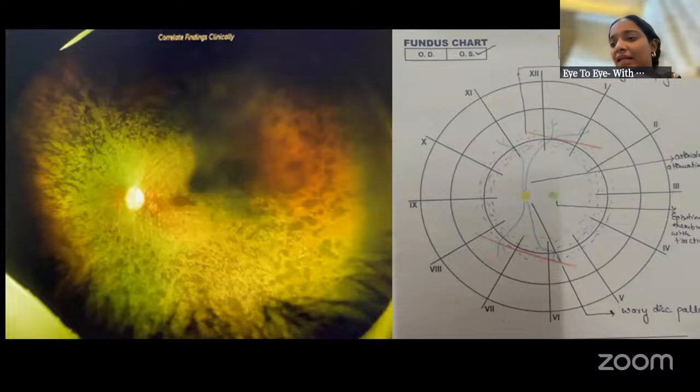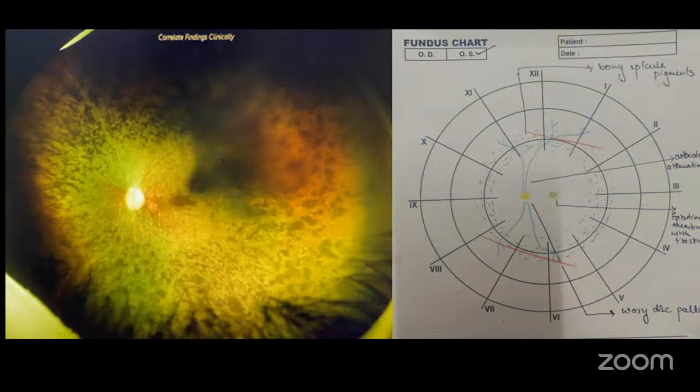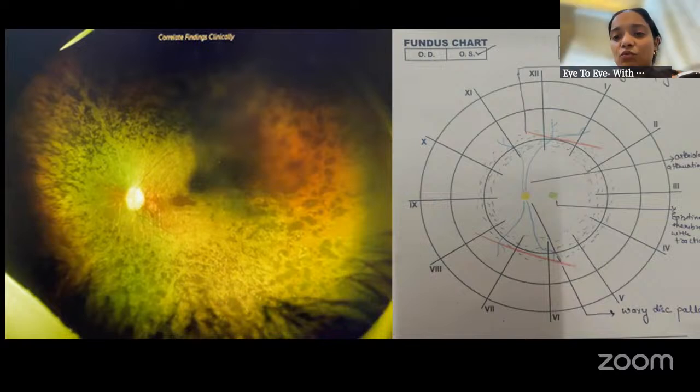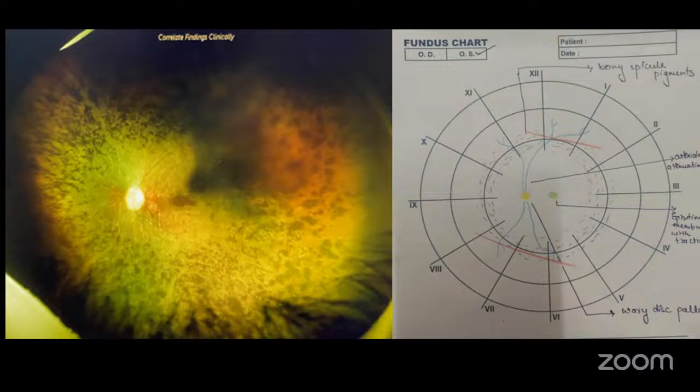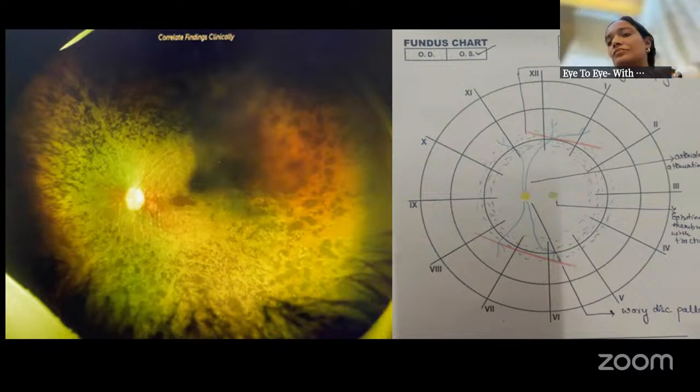Am I audible? Yes, ma'am. So with the eye movement, how does the PSC move? Distant direct, how do you do? What are the findings of distant direct ophthalmoscopy if there is a PSC?